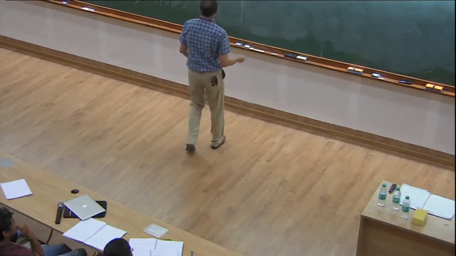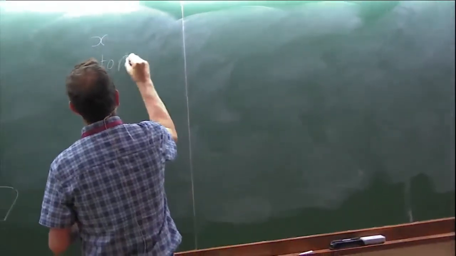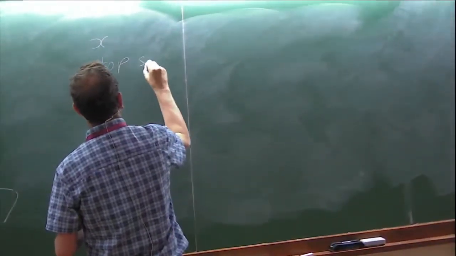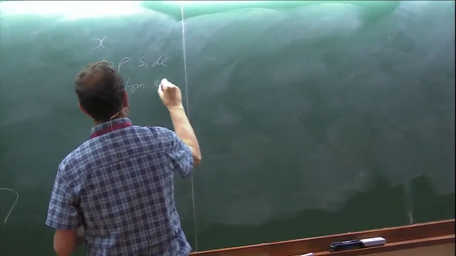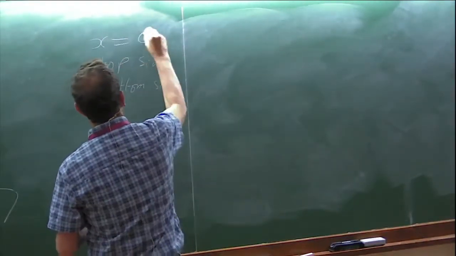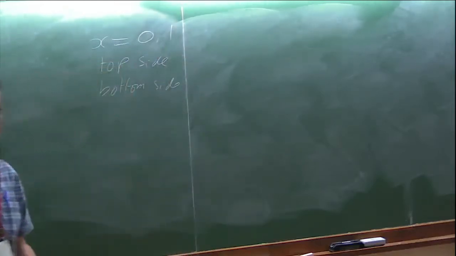In terms of putting this in a mathematical formulation, let's say that x refers to the top side and the bottom side. So these are the two possibilities. x equals 0, say, is top side. x equals 1 is bottom side.